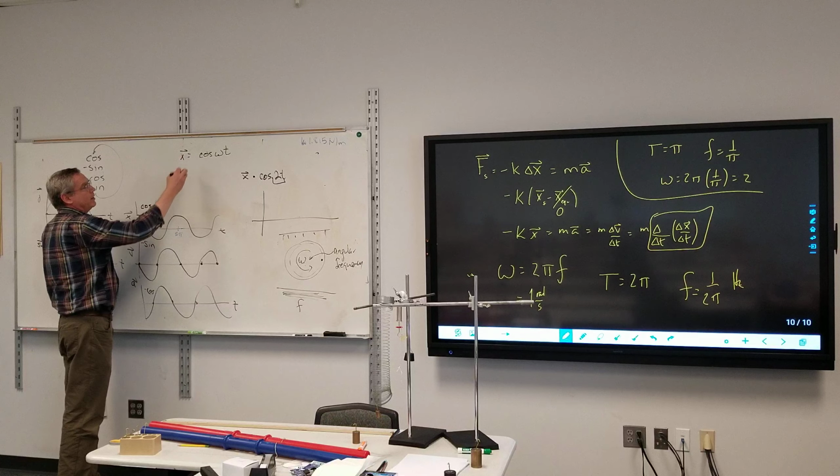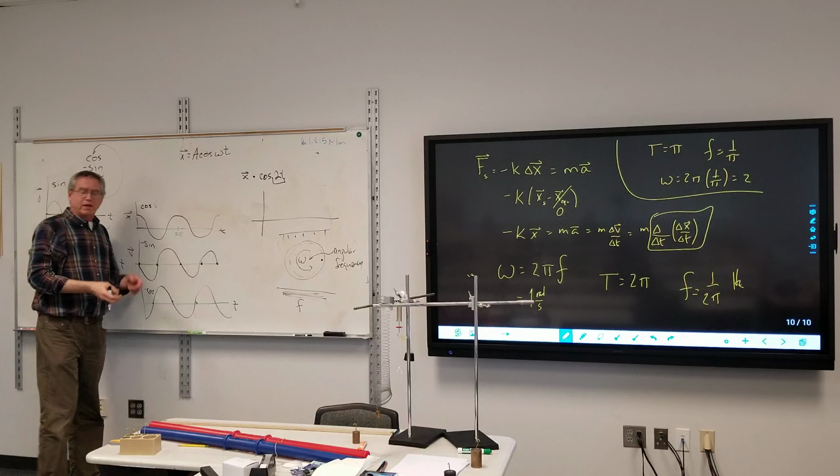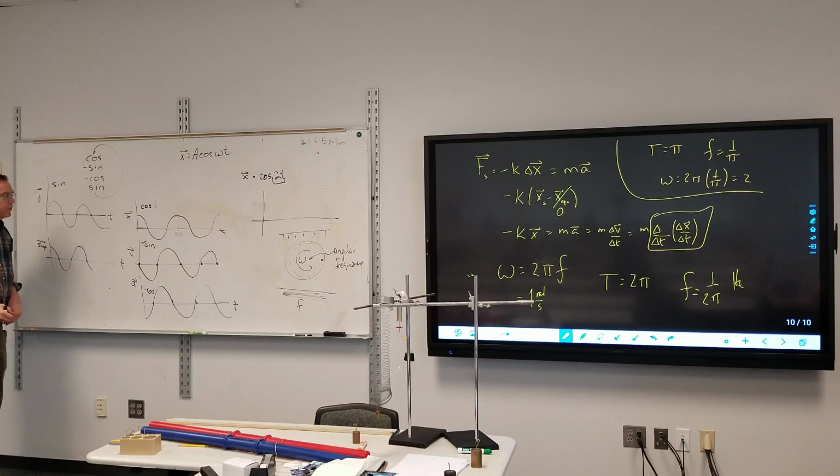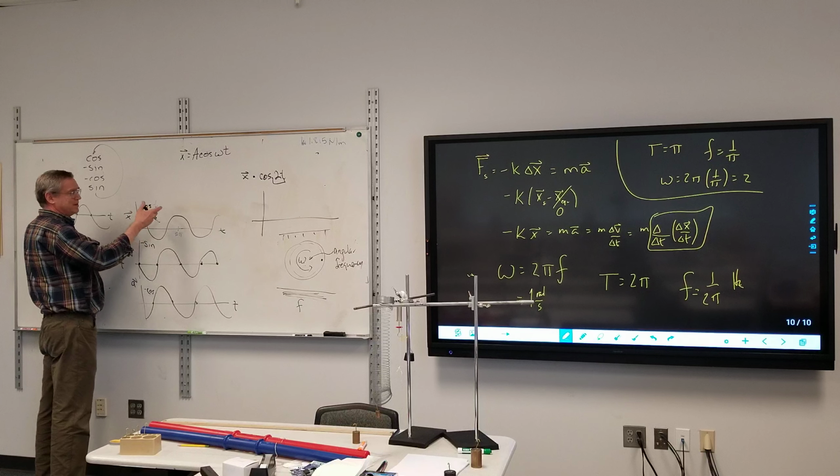I left a little blank in front because we have this amplitude, because I can make it bigger or smaller, vertically. And there's one other thing I can do to it, because not everything is going to start at a maximum or at 0. If I were actually doing this in real life, with a motion detector underneath, I doubt it's going to start at either the amplitude or at 0. So it's going to be slightly off.